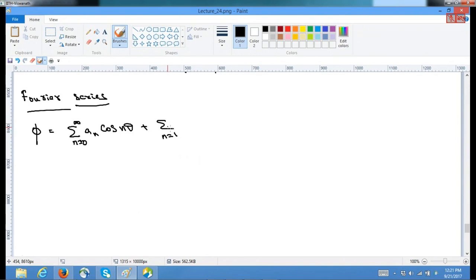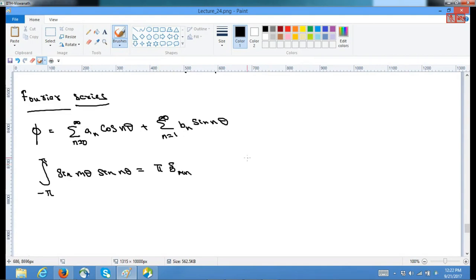We already know that this Fourier basis, cos n theta and sin n theta, are orthogonal in nature. That is, the properties of the Fourier basis are such that the integral from minus pi to pi of sin m theta sin n theta is equal to pi times delta mn.